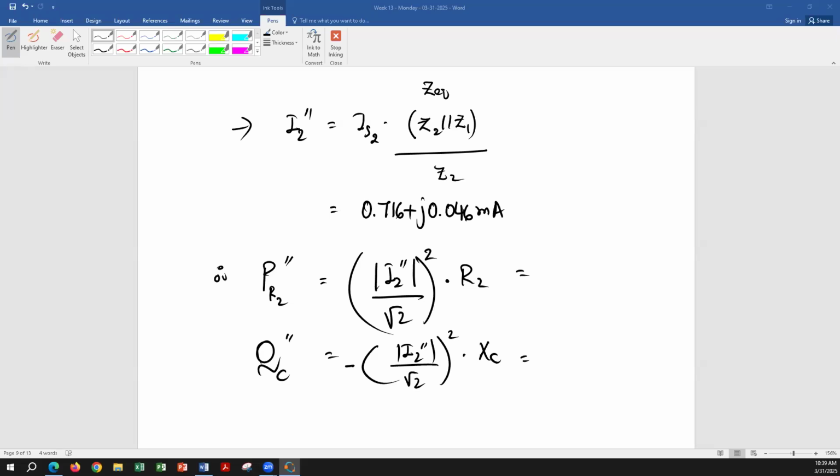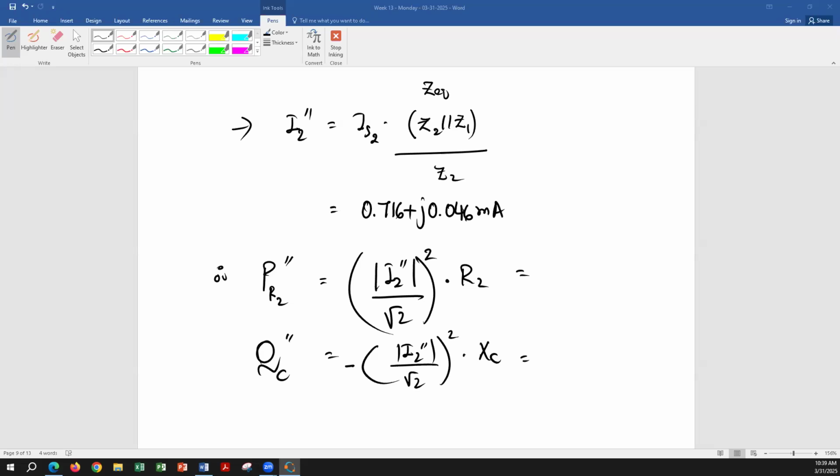Let me call this I2 double prime, IS2 times RP. Okay. All right. So now I can easily write down PR2 double prime is the absolute value of I2 double prime squared times R2 over 2.